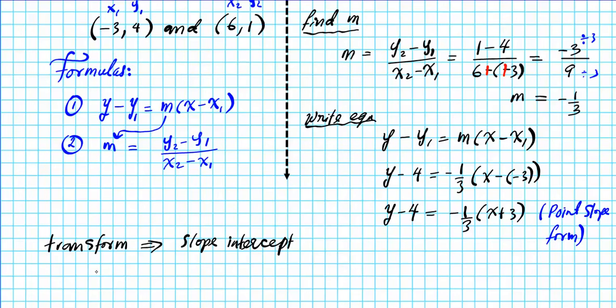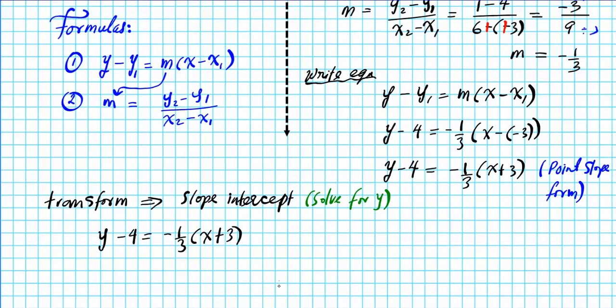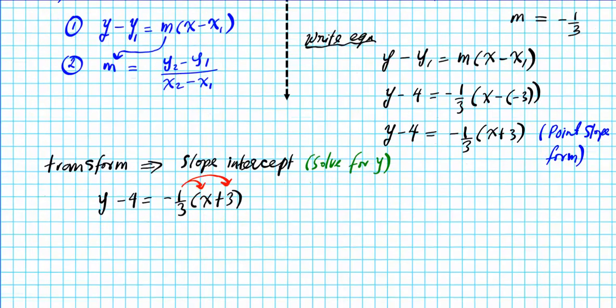So we have y minus 4 equals negative 1/3 times (x plus 3). Now, how do you do the conversion? All you simply do is solve for y. If you get y by itself, then that's going to be the slope-intercept form. On the right side, we can distribute negative 1/3 to these two terms in the parentheses.